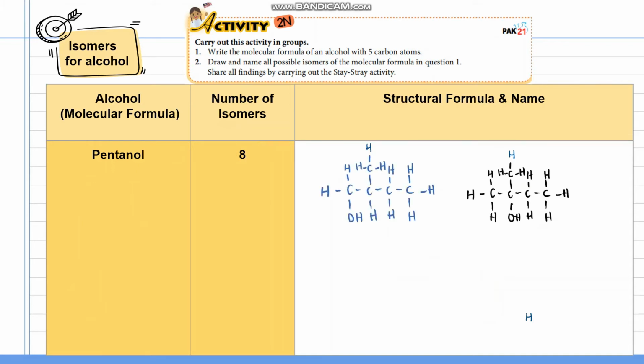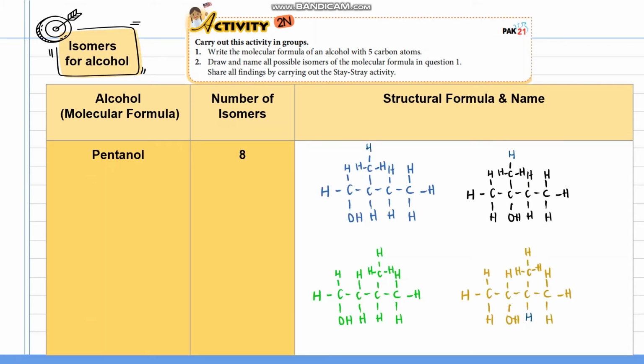Here we have 4 more, and now the longest carbon chain becomes 4 carbons. As you can see, there will be a branch, which in this case is the methyl group. Now we need to assign the carbon numbering. When we assign the carbon numbering, we make sure the carbon bonded with the hydroxyl group has the smallest number.